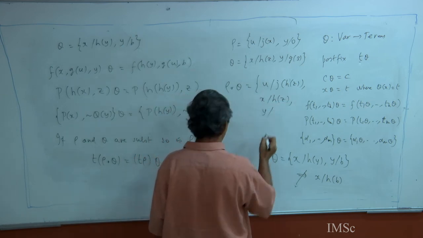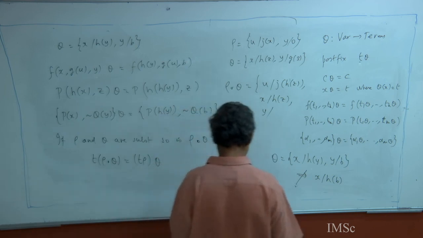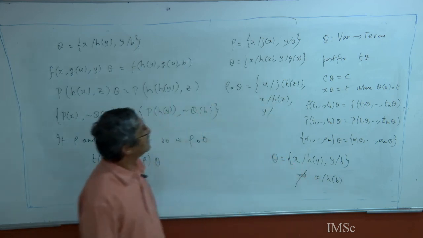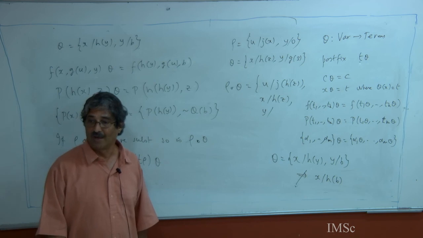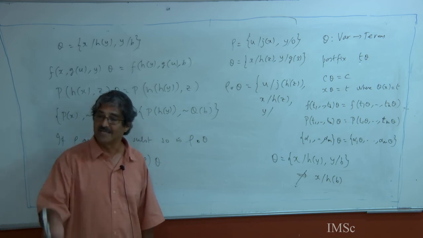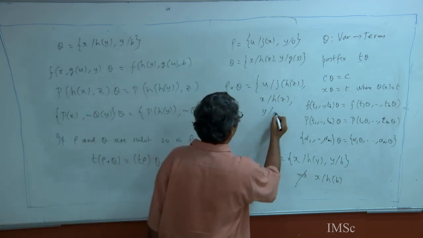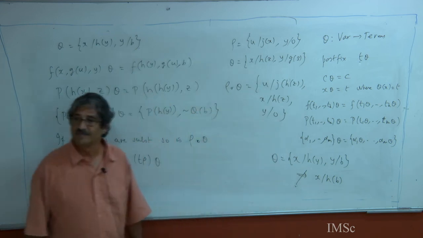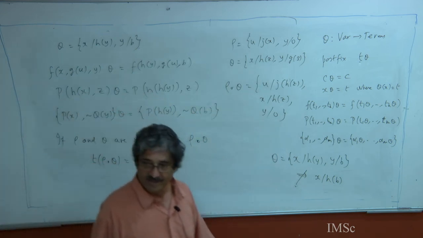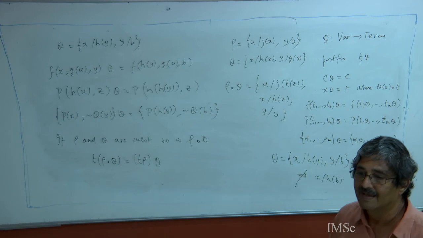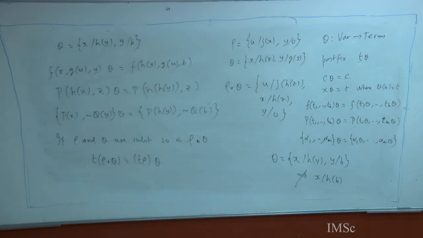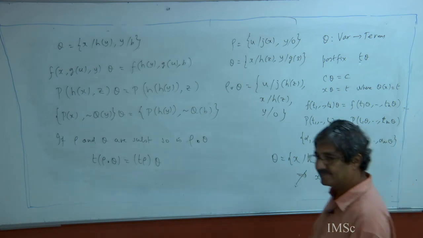And what about y? I first apply rho, and on the result I apply theta, so 0. The g of 3 is all eaten up.